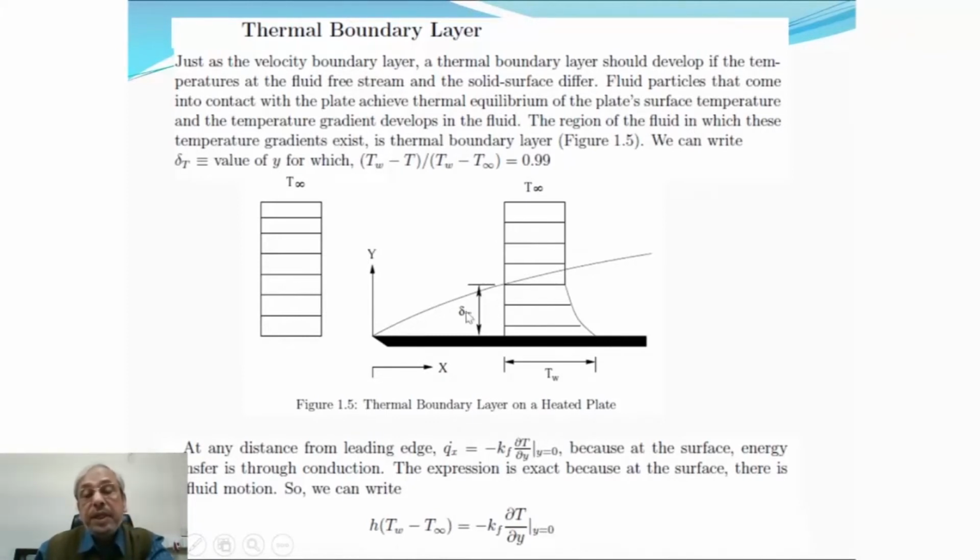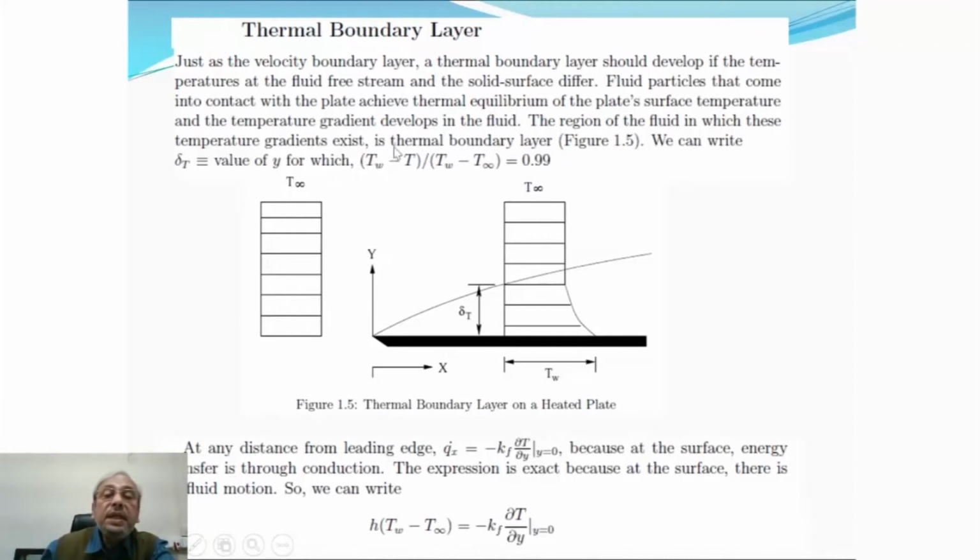So a temperature gradient will be set, but again, at a given X, if we move perpendicular to the plate, immediately adjacent to the plate it is Tw. As we move perpendicular to the plate, we will see the temperature reducing, and finally it becomes the free stream temperature.